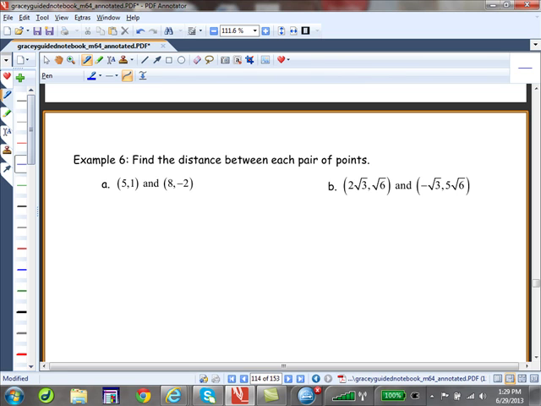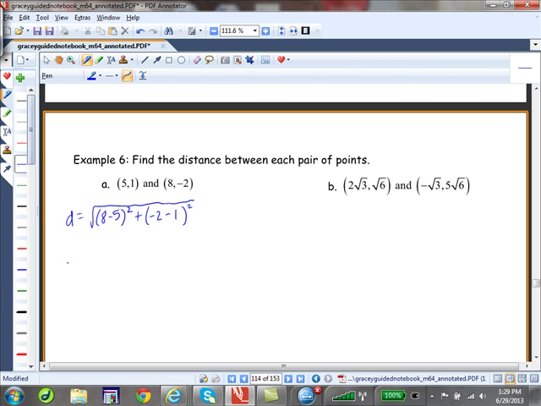All right, let's see how you did. So the distance d equals the square root of. So x2 is 8, x1 is 5, so we'll square that difference. And then y2 is negative 2, y1 is 1, and we square that difference.